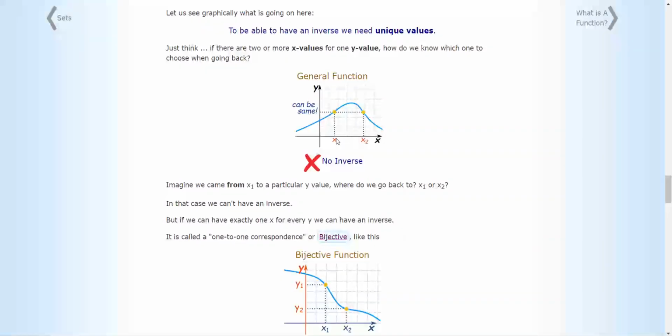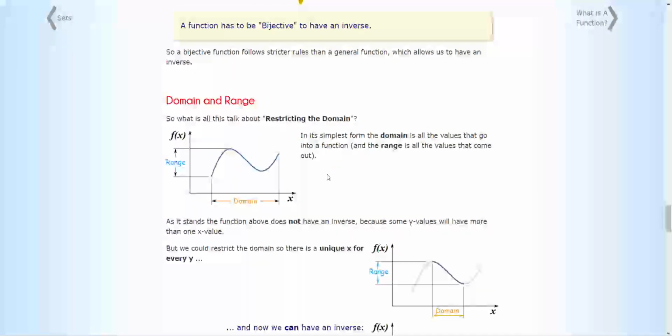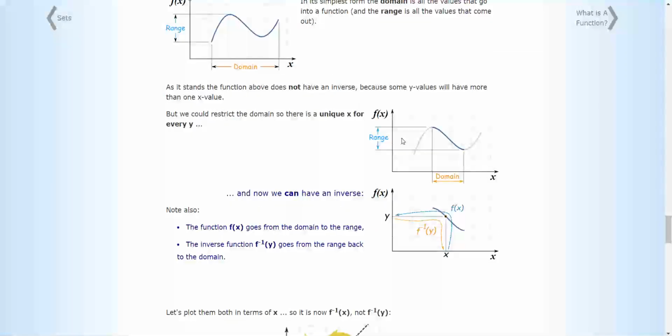In this case, for the same range value, you get two different values. So when you need to go back from y to x, you really don't know which one to go back to, either x1 or x2. This could create problems for us. So this is the domain and that's the range, and that's how things actually work.